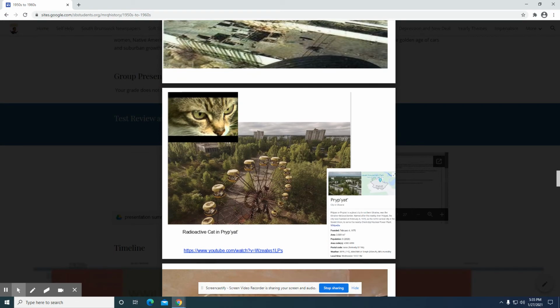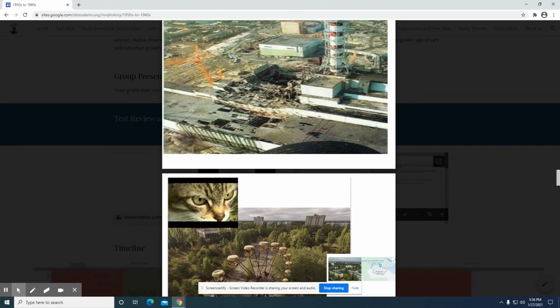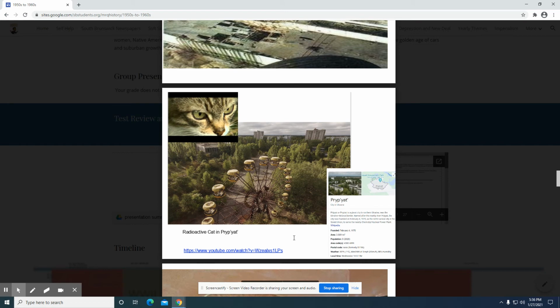Chernobyl, close to this town of Pripyat, this entire area was evacuated. So we see here that it was founded in 1970, and this was in the 80s, the site of a nuclear meltdown. That's the image from that one, where the reactor melted down and the radioactive debris went out into the atmosphere.